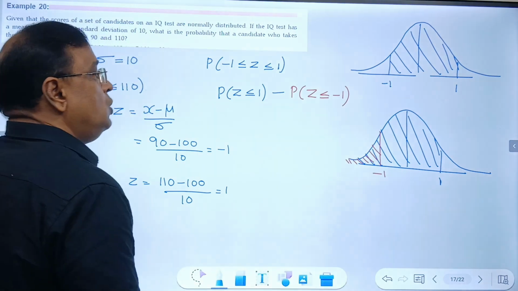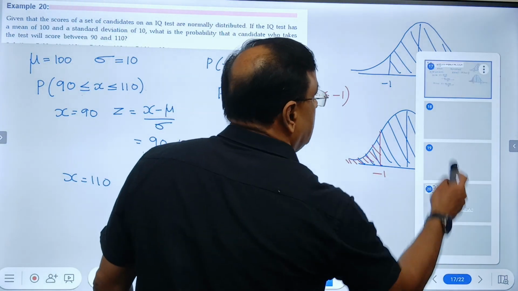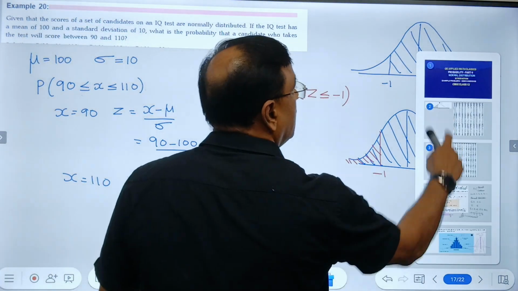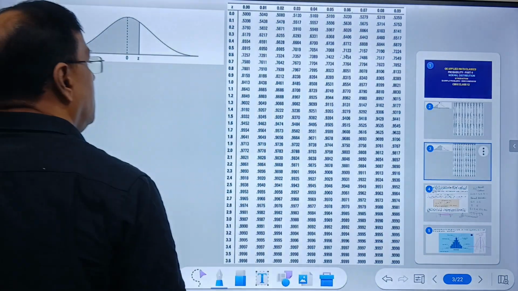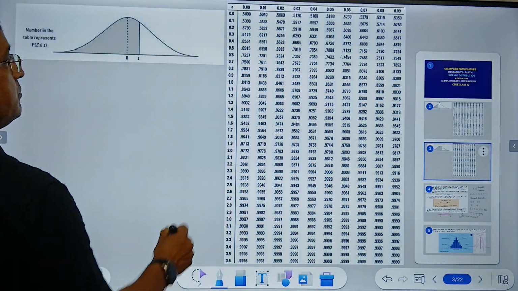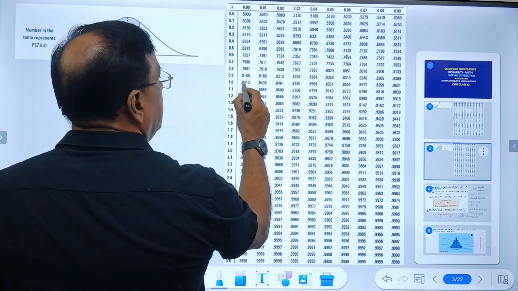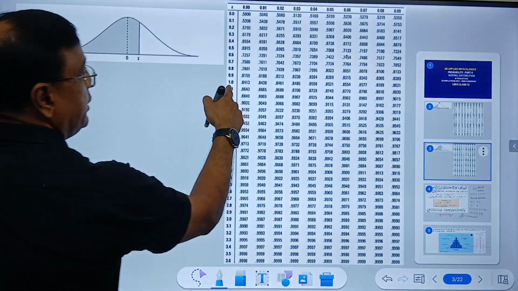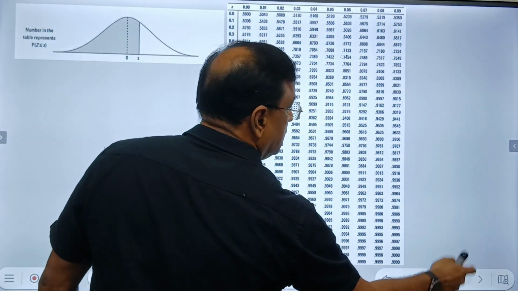Okay. So immediately I go back to the table. So when it is 1, what happens? For 1 it is 0.8413. Can you see it? 0.8413.